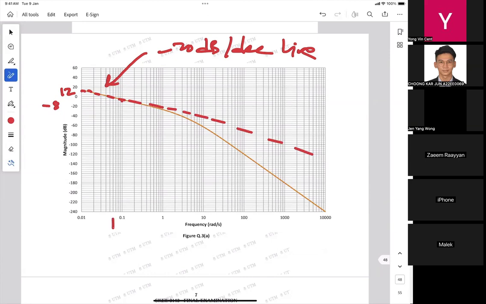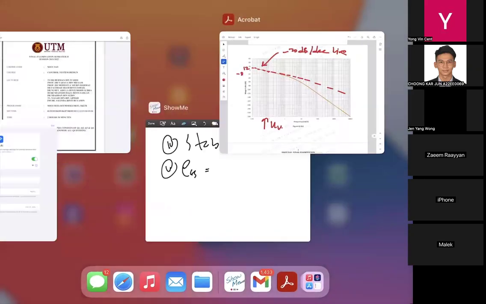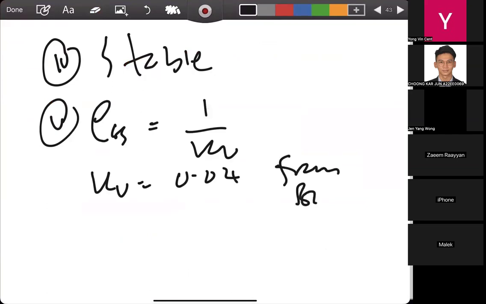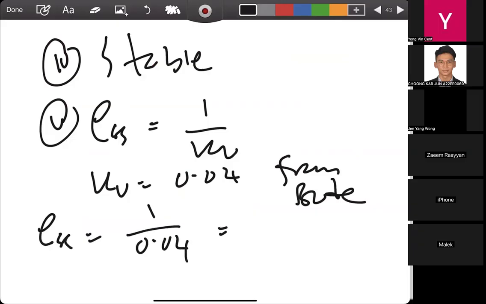What is the Kv over there? 0, 0.1, 0.2, 0.3, 0.4. Okay. From both, equal to 20, 25. Okay.